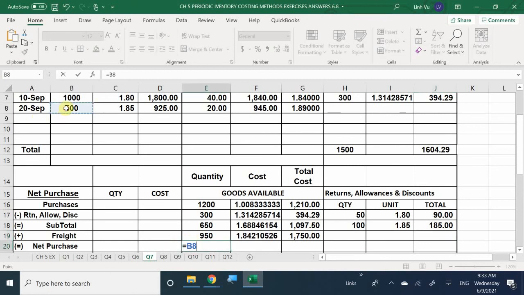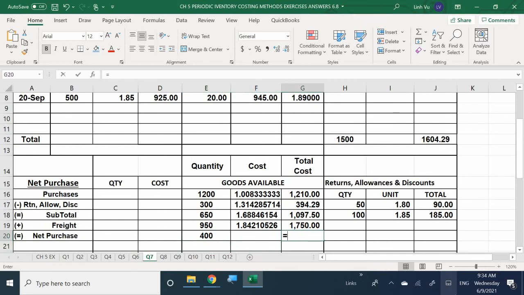I purchased 500, but I returned 100. So I have a total of 400. Good. And then I originally purchased my items at $945, but I got a $185 refund. So what's my new total cost? $760.